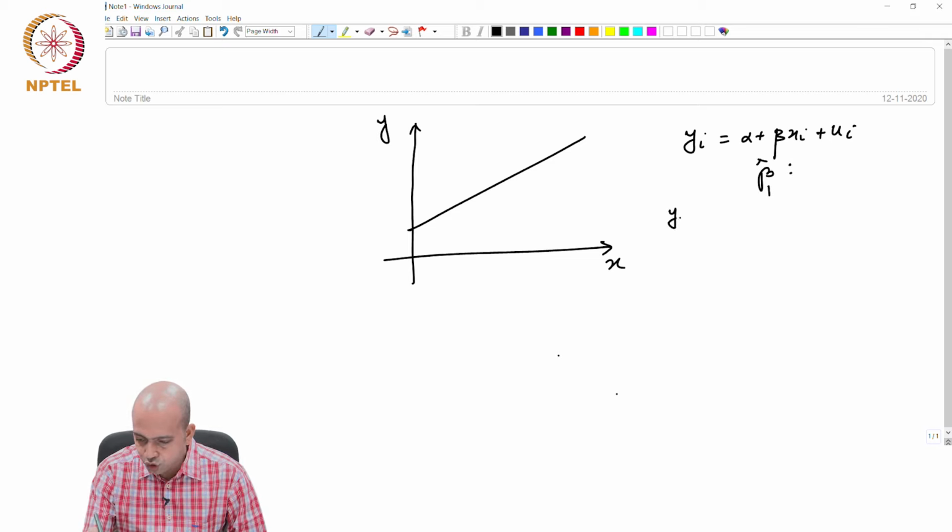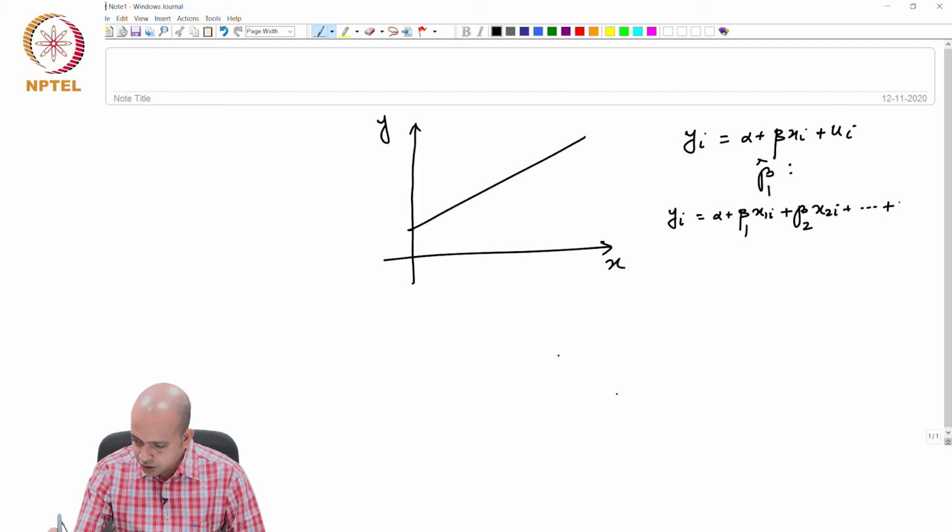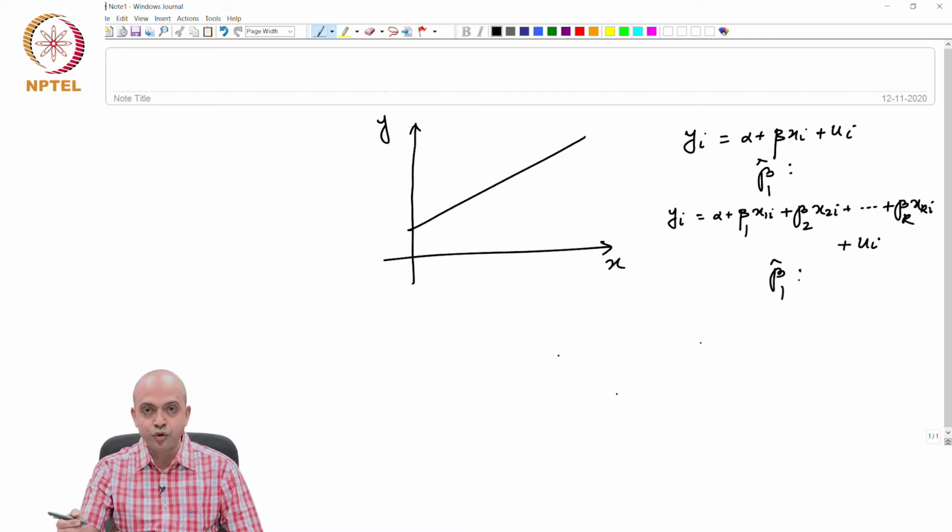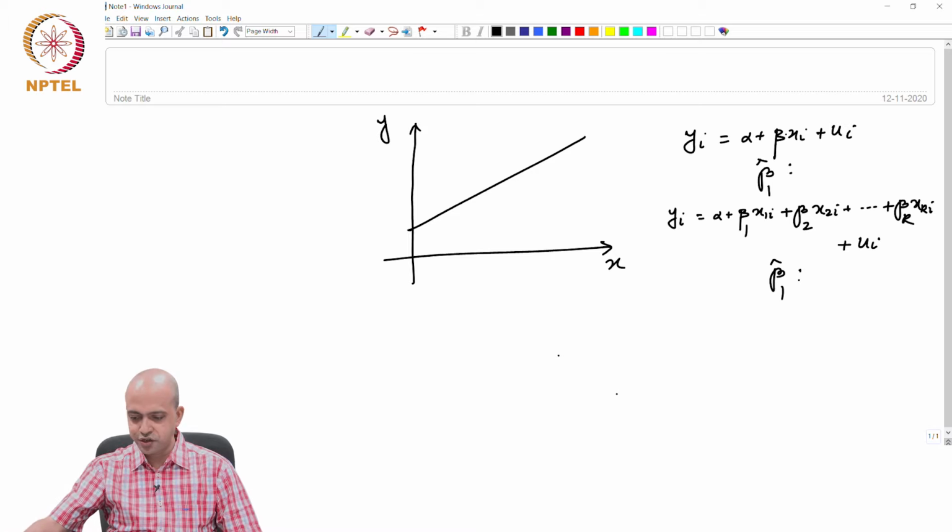And when you write a model like this, yi equals alpha plus beta 1 x1i plus beta 2 x2i plus beta k xki plus ui, the interpretation of beta 1 here is actually different from the interpretation of beta 1 in the context of the two variable linear regression model.